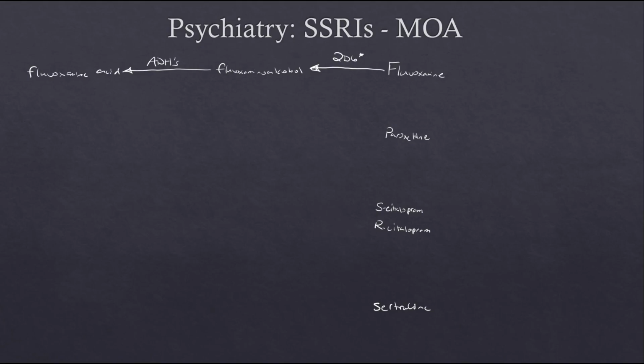So the parent drug, which is the active form, which I'll indicate by stars here, gets metabolized by CYP2D6 into fluvoxamino alcohol, which then gets metabolized by alcohol dehydrogenases into fluvoxamine acid. And then at the end, we'll go ahead and show their actual pharmacodynamic or mechanism of actions on how they affect serotonin. But let's transfer into paroxetine.